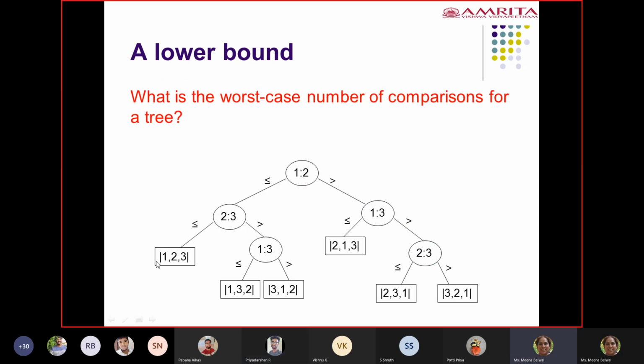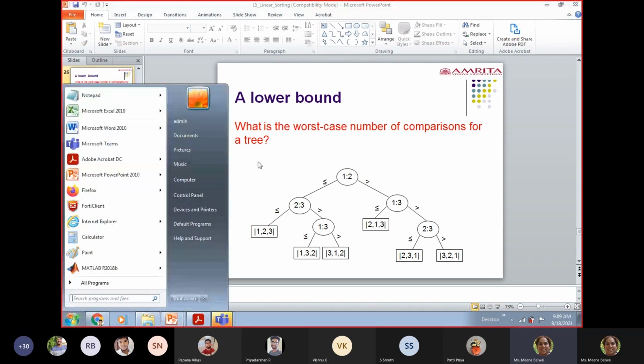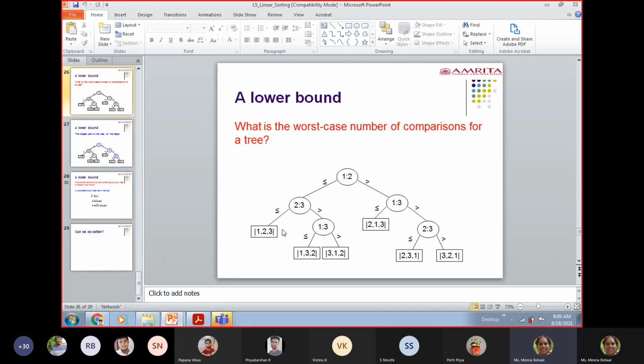What is permutation? Permutation is like this. You have three indexes, let us say 1, 2, 3. So what all permutations are possible? You can put 1 in the first place, then 2, 3, or then it can be 3, 2.